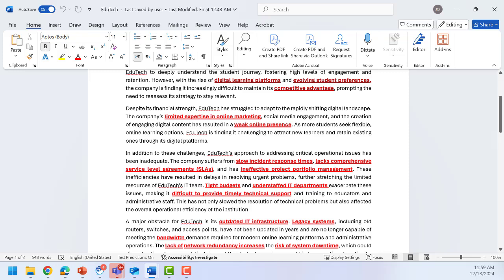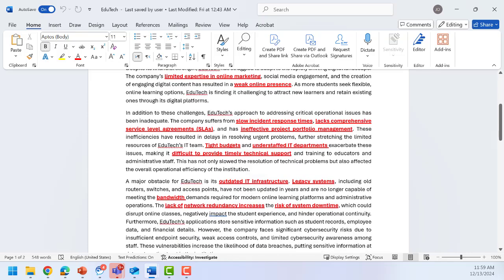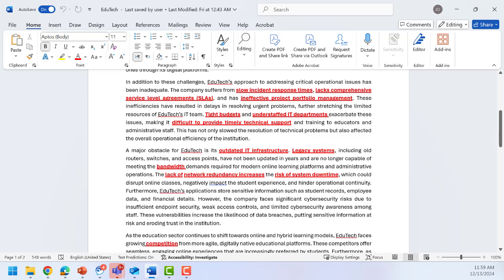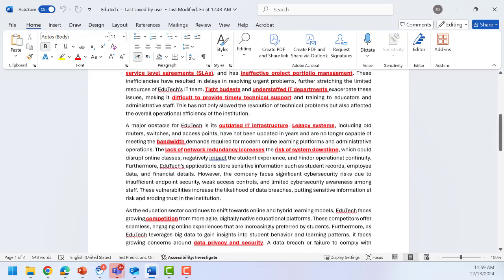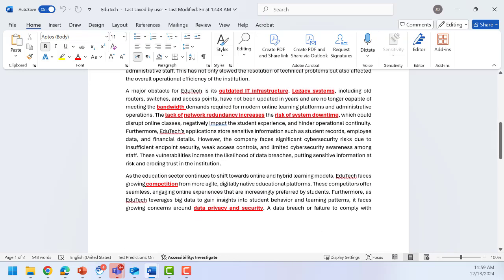Those are very straightforward and effective portfolio, tight budgets, difficult to provide timely technical support. So just read through and identify those ones. Legacy systems, weaknesses. Bandwidth, lack of network redundancy, definitely. Then here, stresses competition, agile.